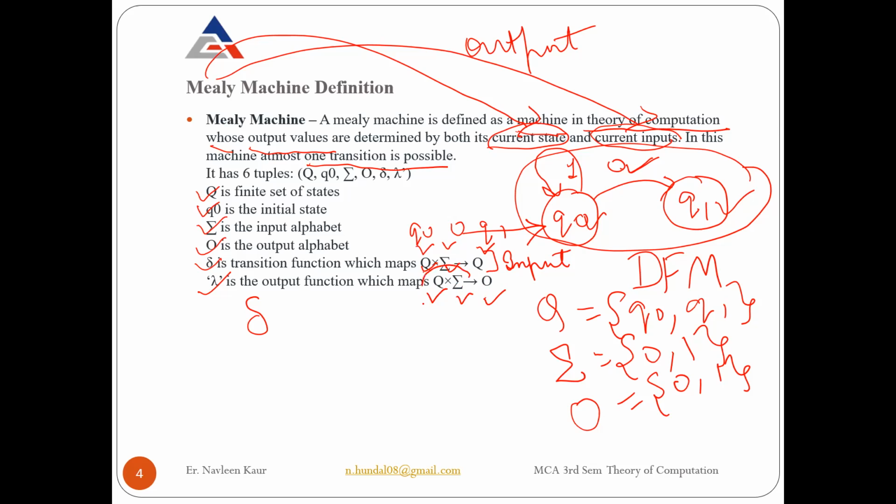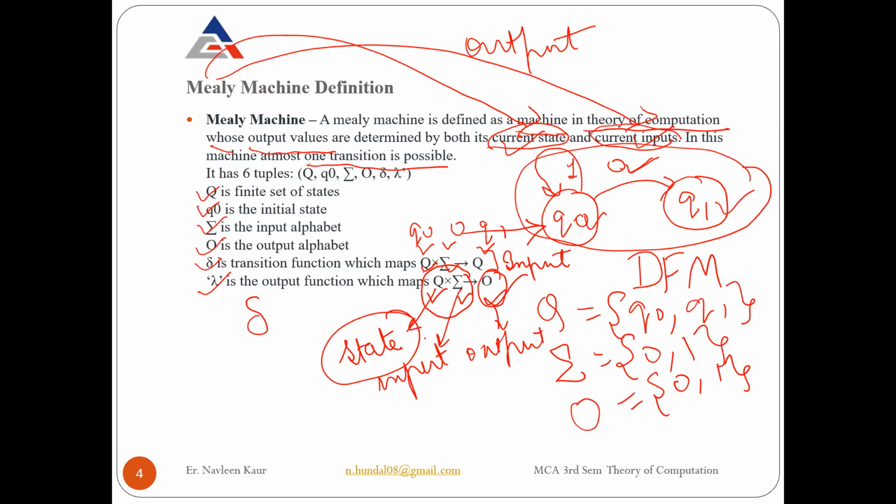So it depends upon two things: the current state and the input. Isn't it the same thing I have explained, that your output depends upon two things, current state and input.